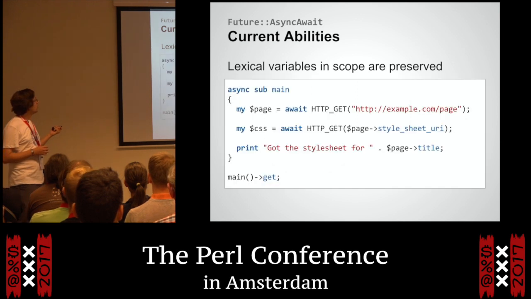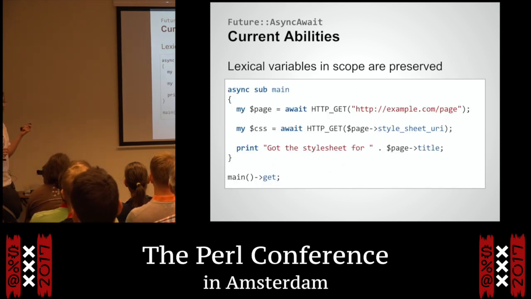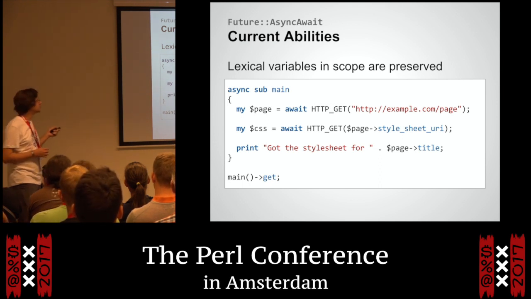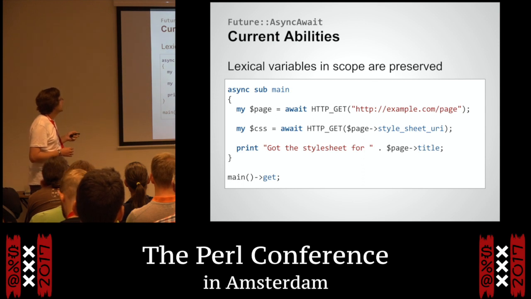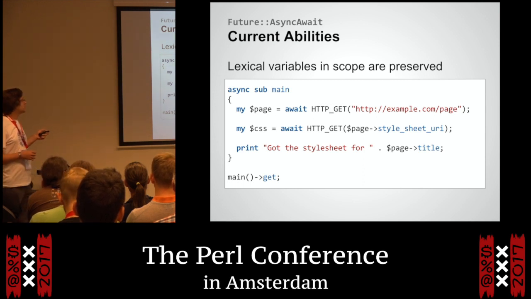So already, one of the things that we see we can do, do you remember the page example earlier? We had to hoist the page variable outside of all the then chaining because we couldn't see it. Well, we don't have this problem anymore, because after this await, we wake up and we resume in the same function. So because we can still see the same page variable, we just carry on here.